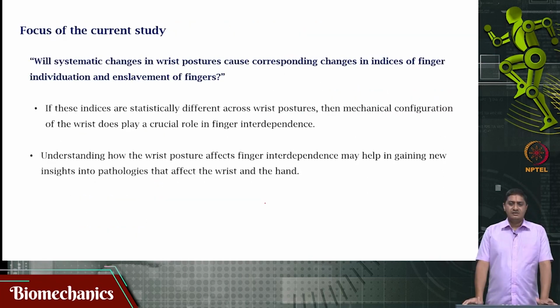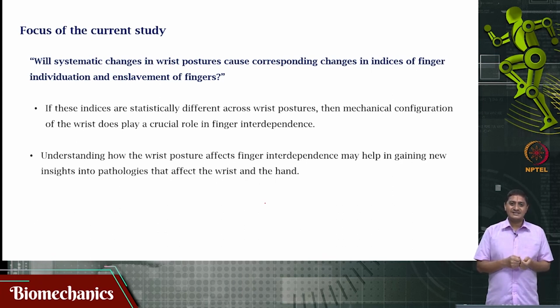Okay. What is the question that we started out with? We asked the question, if I make systematic changes in the wrist posture, would it change the indices of finger interaction or finger individuation or enslavement or stationarity? Would these things change depending on wrist posture? What is the expectation? Because if I change the wrist posture, there is a change in the mechanical configuration.